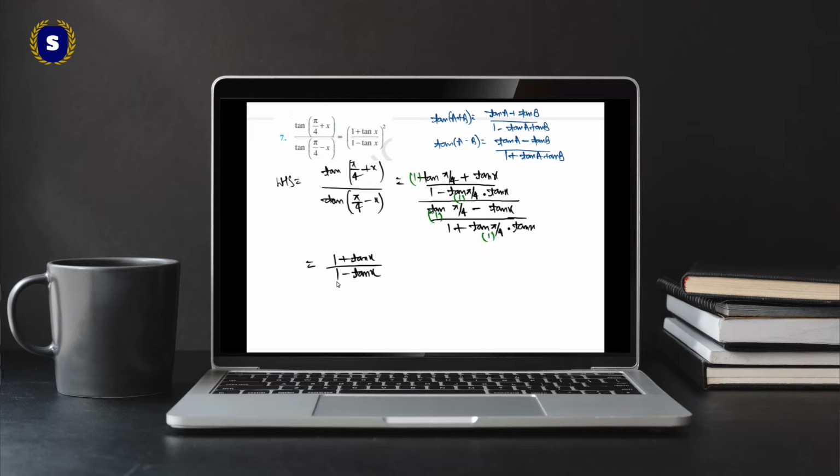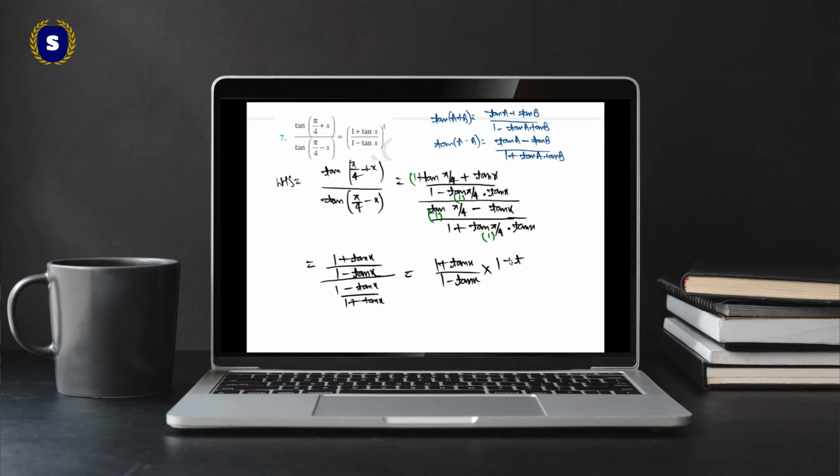So 1 plus tan x upon 1 minus tan x, and in the same way in the denominator, 1 minus tan x upon 1 plus tan x. So it will become 1 plus tan x upon 1 minus tan x, numerator as it is, and when we convert divide into multiply sign, we will take the reciprocal of the denominator.